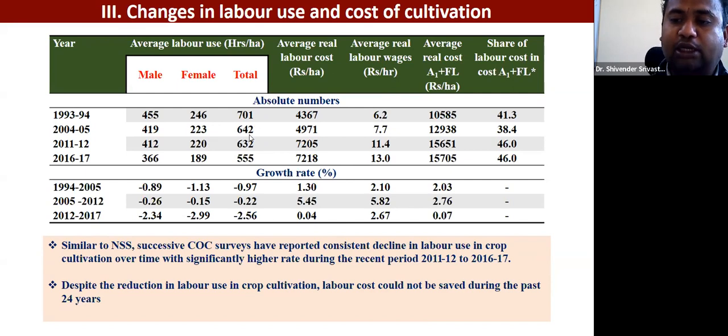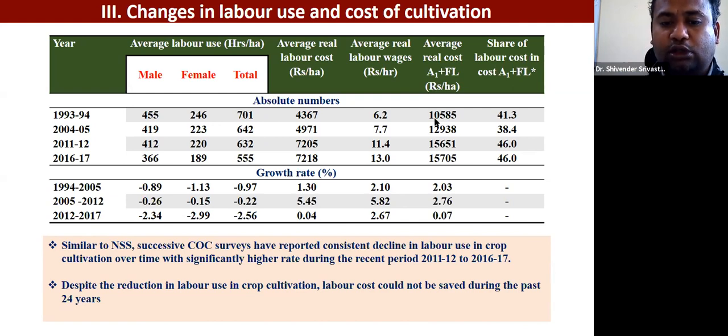So despite labor use having declined, labor cost, which is labor use, meaning hours, multiplied by wages, has increased rather than declined. So we could not get the advantage of declined labor use in physical units in terms of labor cost, and because of that, average real cost increased from 10,000 per hectare to 15,000 per hectare. So it is an average of 10 crops over the period of time.